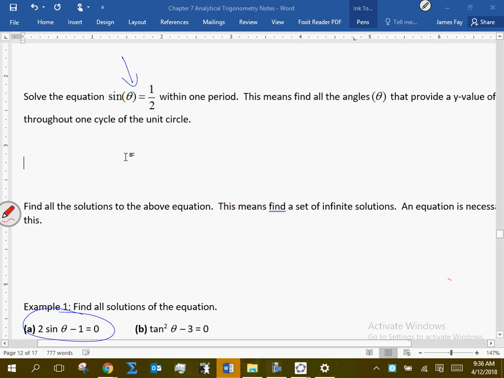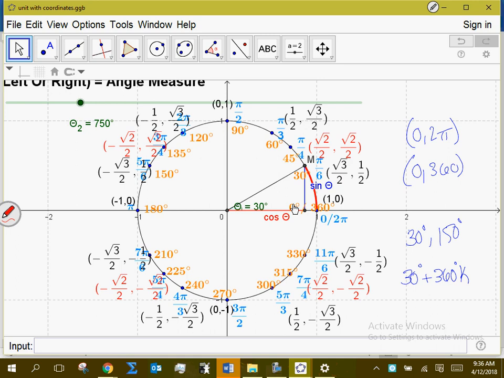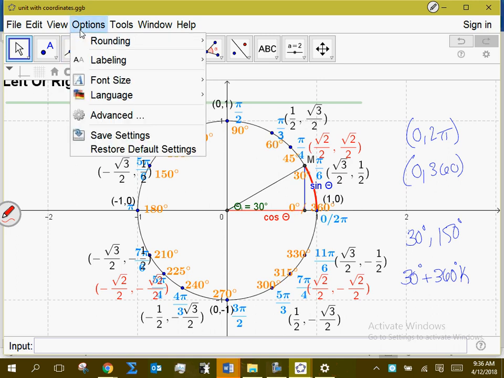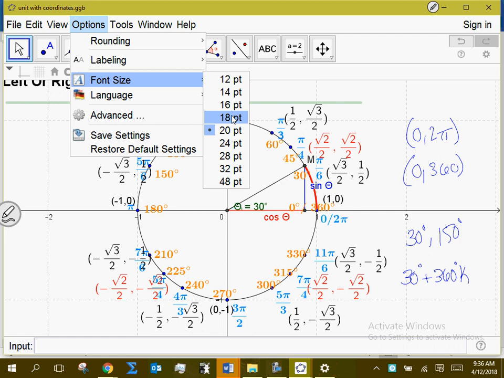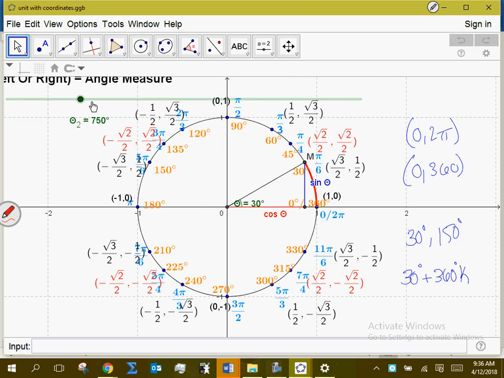But when we solve this and we get sine of theta is equal to 1/2, our variable is theta. We're trying to figure out what values of theta this is true for. Going through my unit circle, at what radians or degrees do you get the sine to be 1/2?